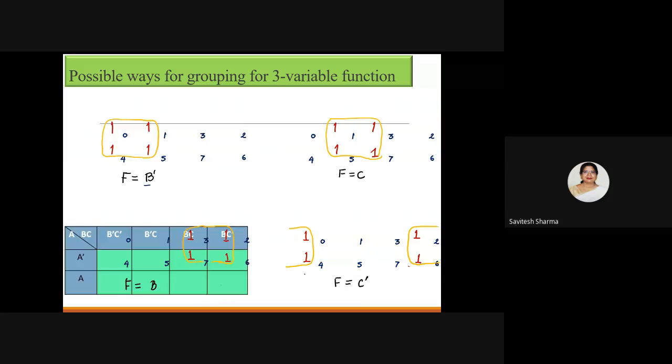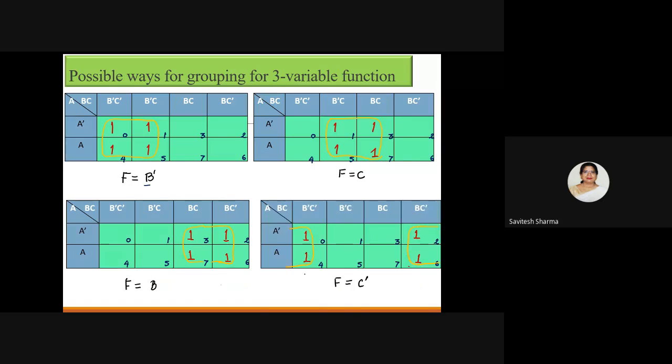Okay. Now come to the 3 variable case. If you are doing a quad, that means you are removing 2 variables. For quad grouping, you are actually removing 2 literals. I should not say variable; 2 literals. So if you are making a quad, your 2 literals will be removed.